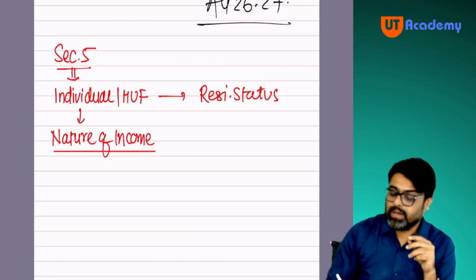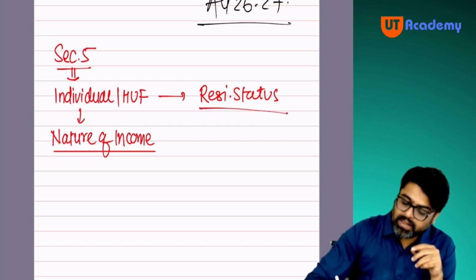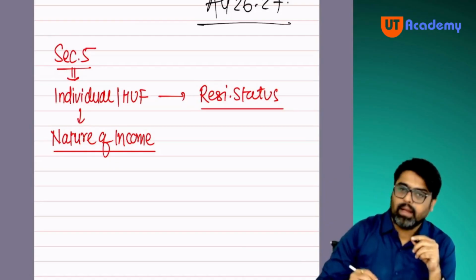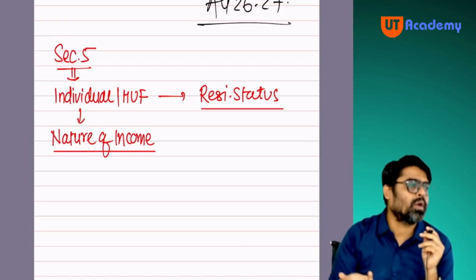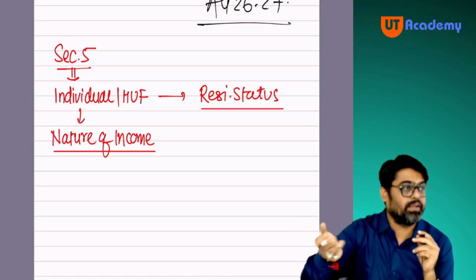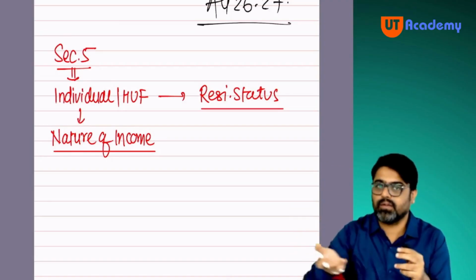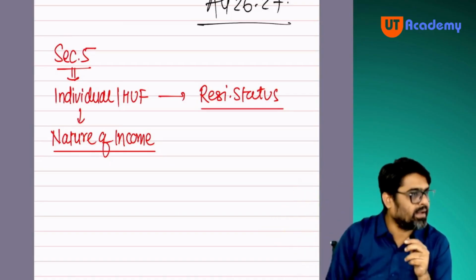Done, no? Now tell me, what should be the residential status of an individual or HUF? It should be either resident or non-resident. That we are going to learn in section number 6: how to determine the residential status of different types of assessees, including individual and HUF.